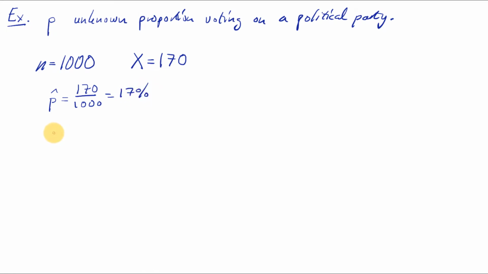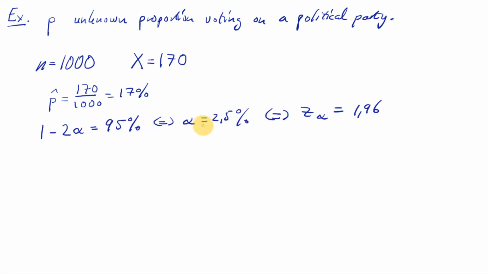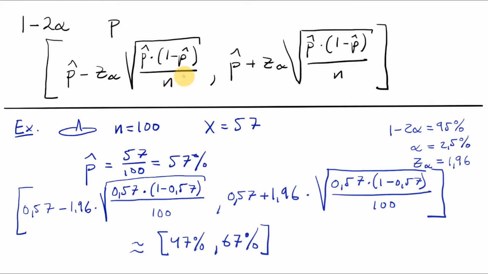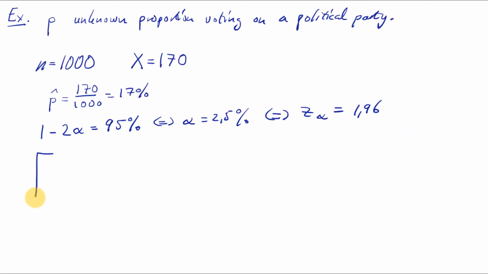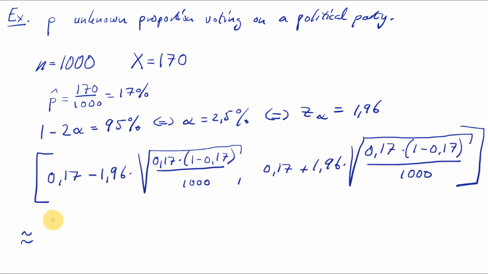And for the interval estimate, we use the confidence interval with probability equal to 95%, which corresponds to alpha 2.5% and z alpha 1.96. Then we get from this confidence interval formula for our values the following confidence interval, which can be rounded off to: with 95% probability, the unknown proportion voting for this political party is between 14.7% and 19.3%.